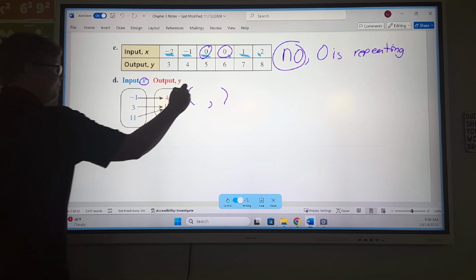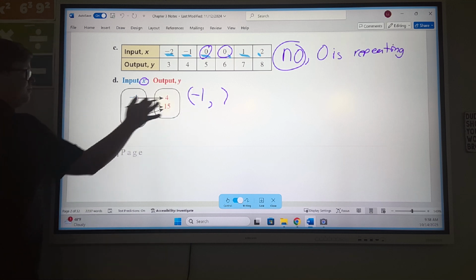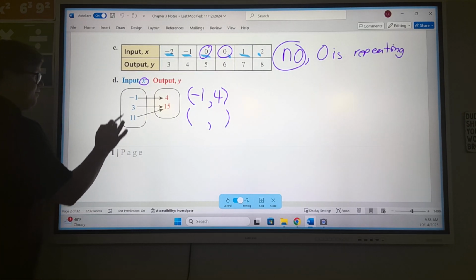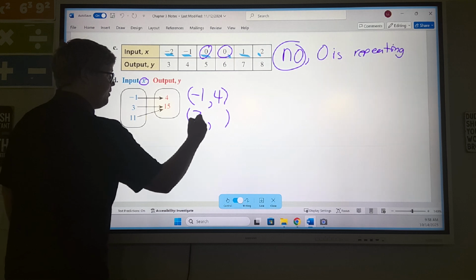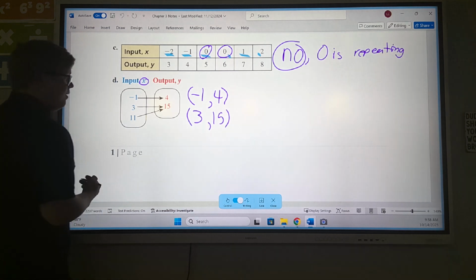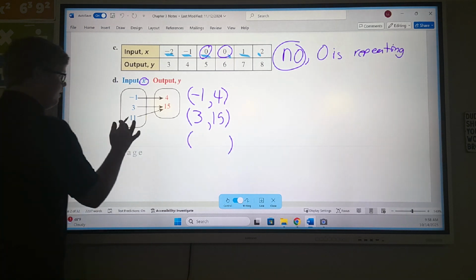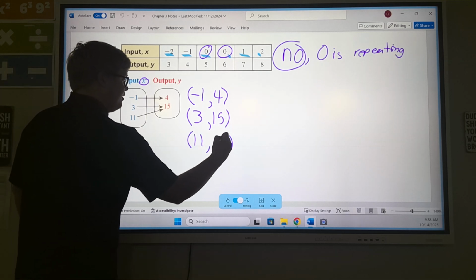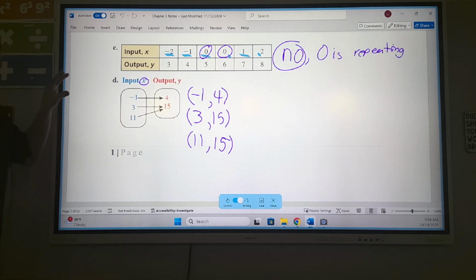So we have -1. It pairs to 4. We also have 3, which pairs to 15, so 3 and 15. We also have 11 that pairs to 15. So these are the 3 ordered pairs that came from this map.